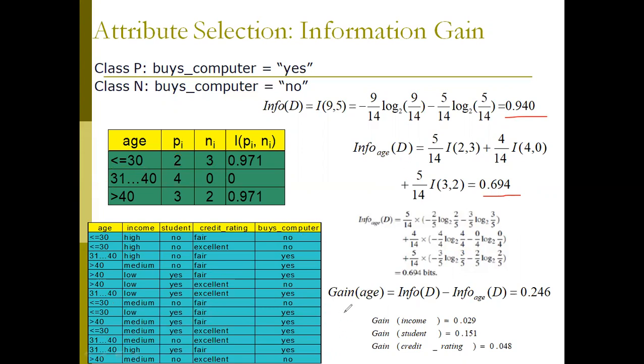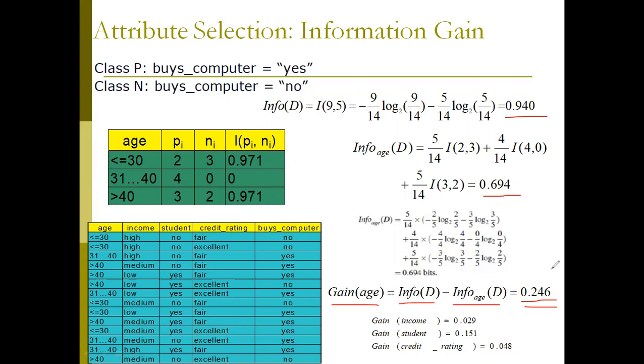Then the gain of age equals info of D minus info age of D. So 0.940 minus 0.694 equals this, the final gain value for the age.